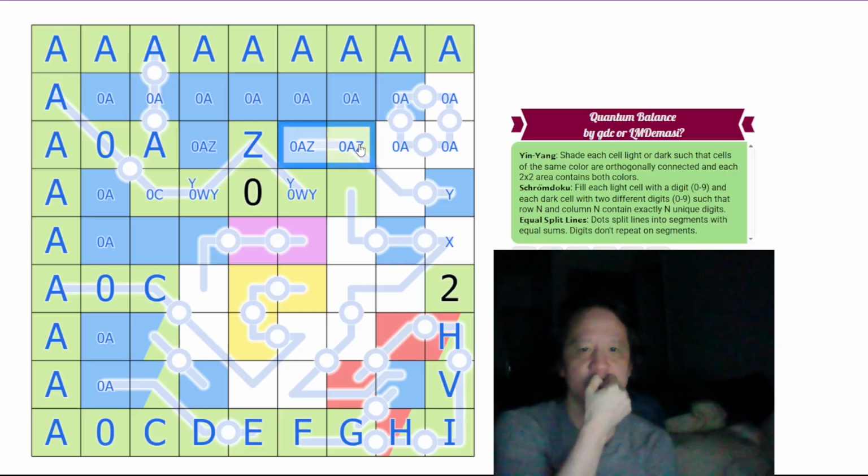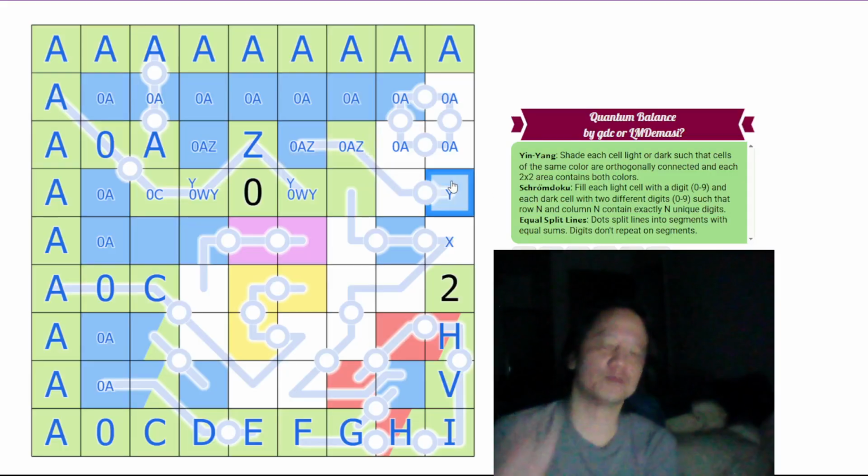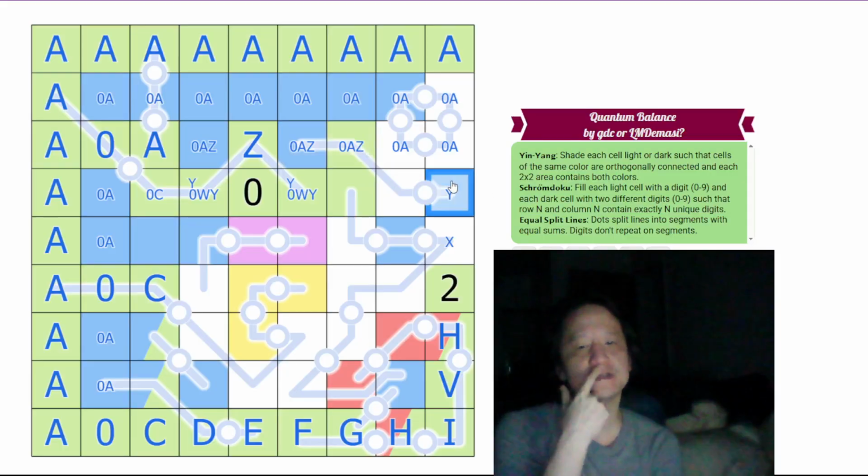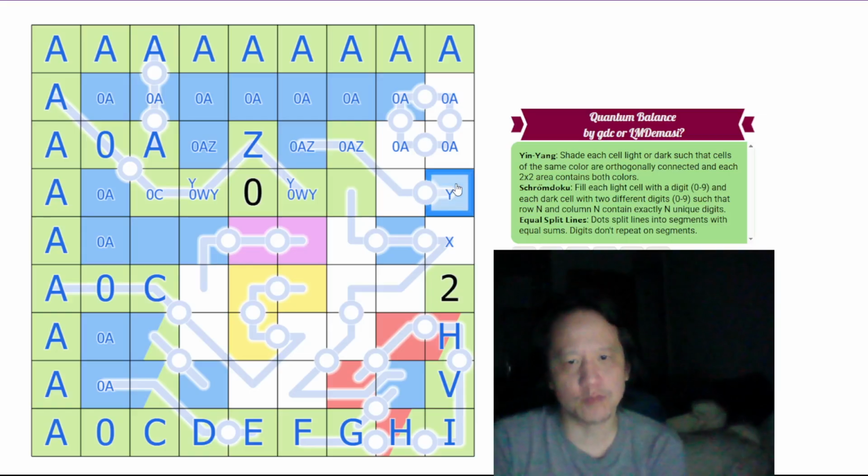That's interesting. So this could be A plus Y, and that would actually be somewhat valid. If it were the case, though, if this were A plus Y, the problem is we need another unique digit, so this would be blue.